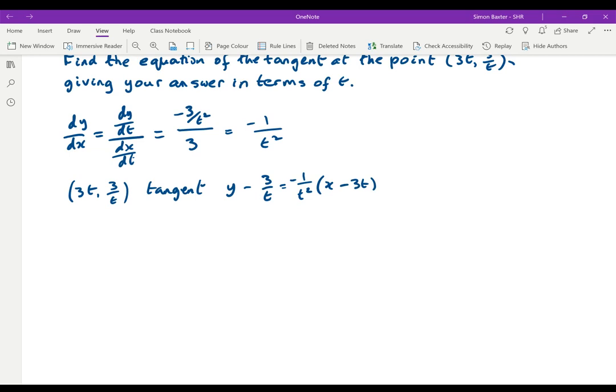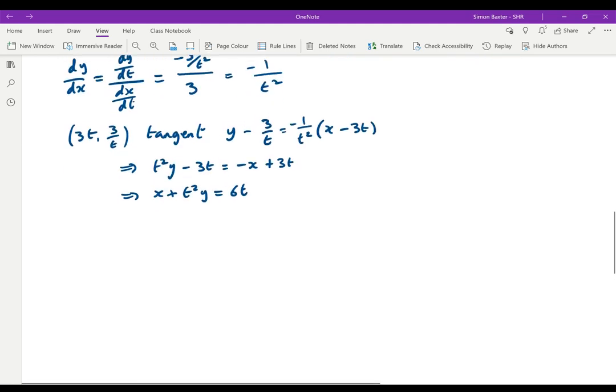Multiply up by t squared, and we get t squared y minus 3t is equal to minus x, minus minus is plus 3t, and so we have that x plus t squared y is equal to 6t. This general equation gives the equation of the tangent for any particular value of t.